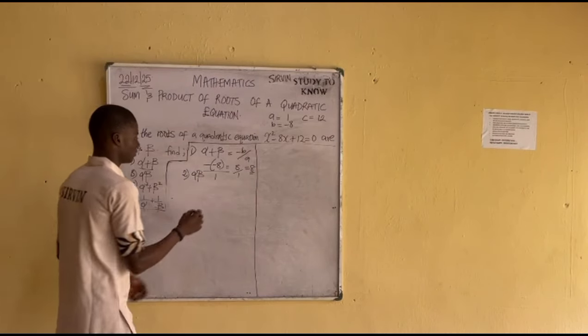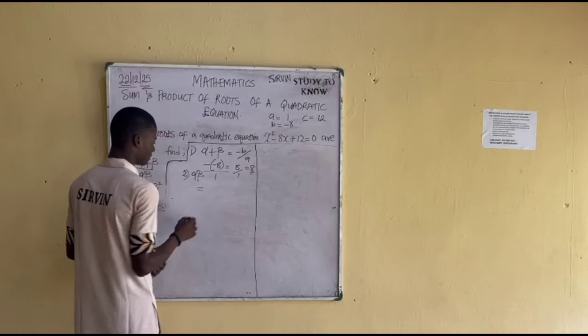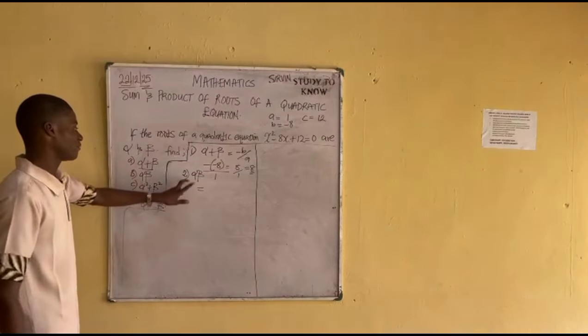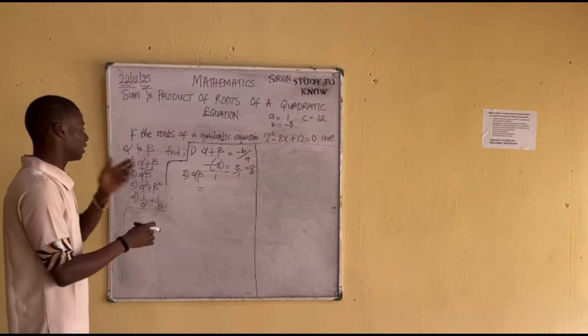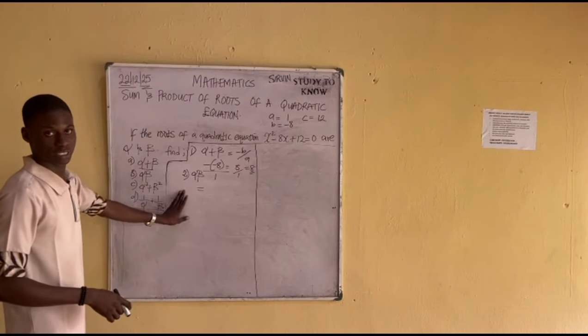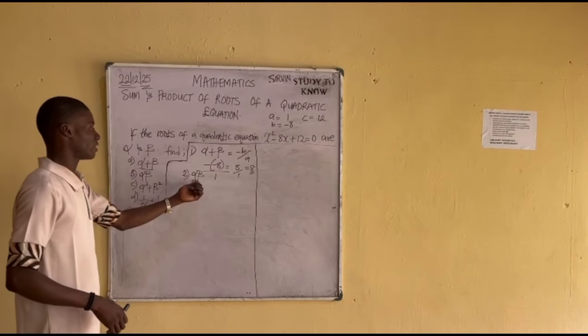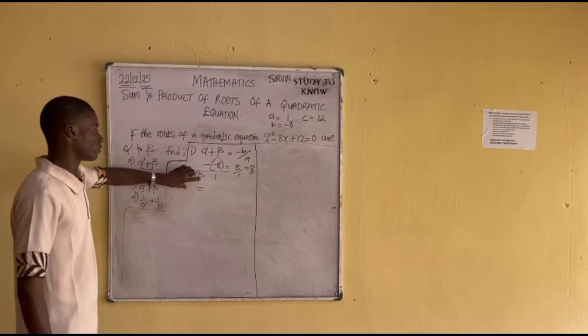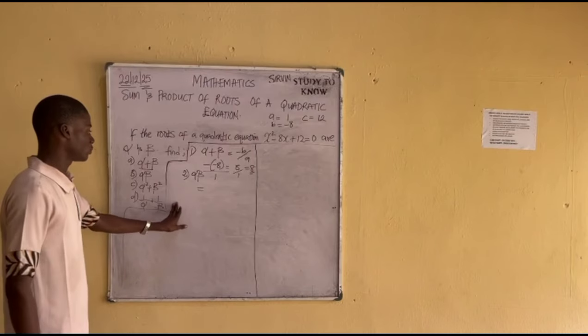The second one, we should calculate alpha beta. I don't know whether I've said it before: anytime we have two variables that are placed together, automatically a multiplication exists between them. So they are simply telling us to multiply alpha and beta. That's the product of these two roots, alpha and beta. The product of roots has a formula.